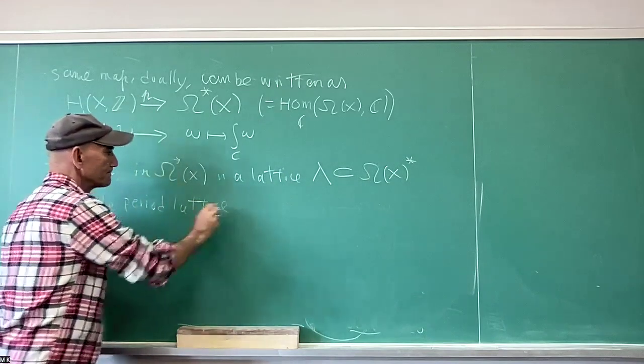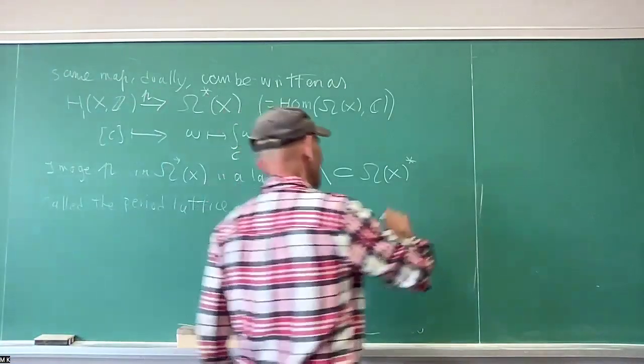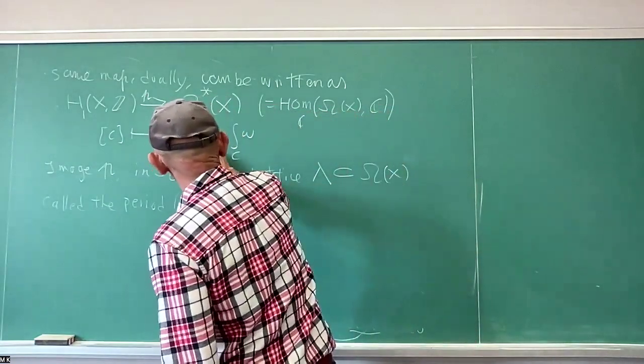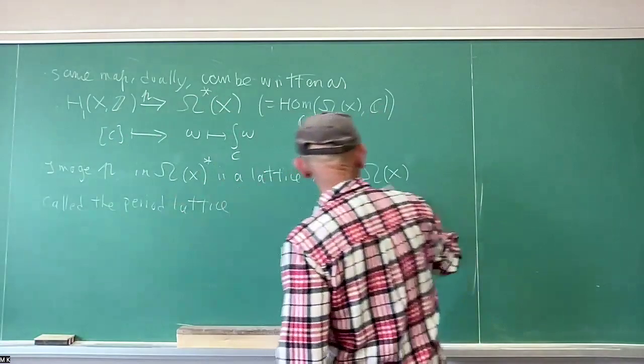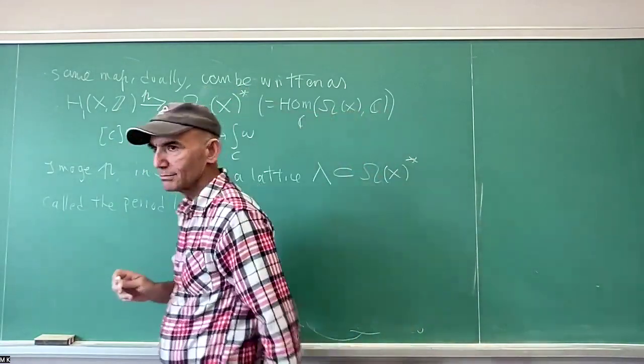Is omega star of X different from omega X star? Sorry? Omega star X and omega X star are the same thing? Yeah. Okay, you're right, good point. I put it here. Are you happier now?